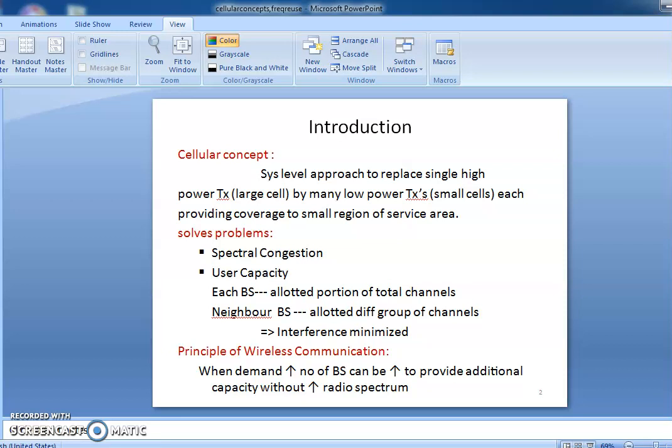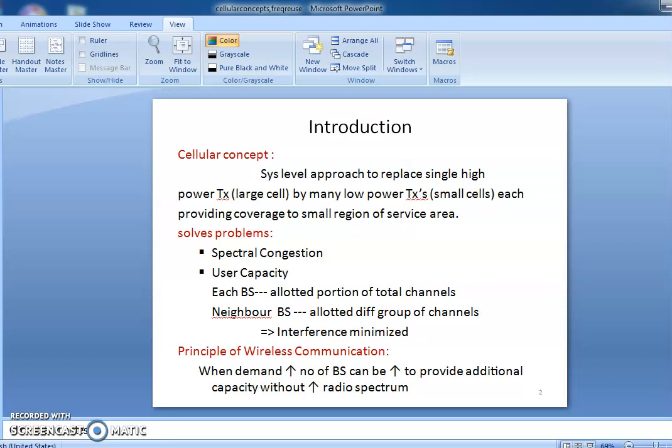So spectral congestion will be there, and only one time the whole range of frequencies is used, but day by day the users are increasing, so we have to meet all the demands. So spectral congestion and user capacity problems are solved by the cellular concept.